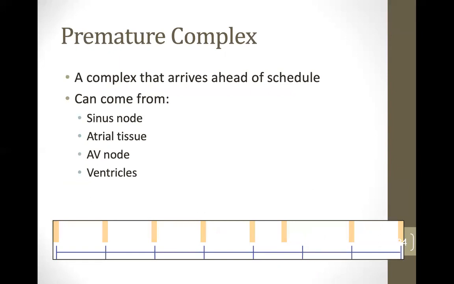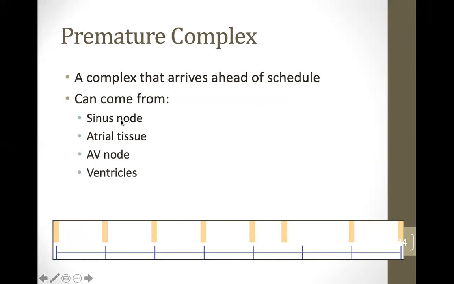Sometimes it's premature complexes. So it's basically a complex that's coming before it was scheduled to come, right? So here we were having everything fire, everything was normal, we're marching along, everything is good. And then all of a sudden, for some reason, somewhere in the electrical conduction system, it decides to fire a little bit earlier than what it was normally supposed to fire.